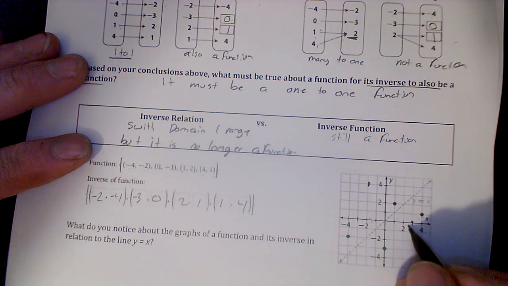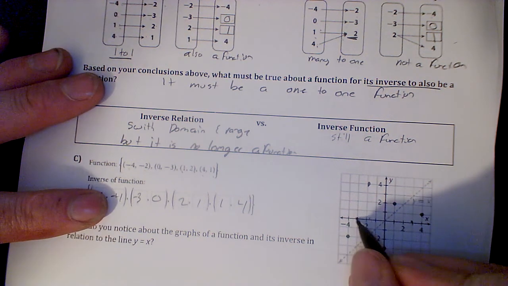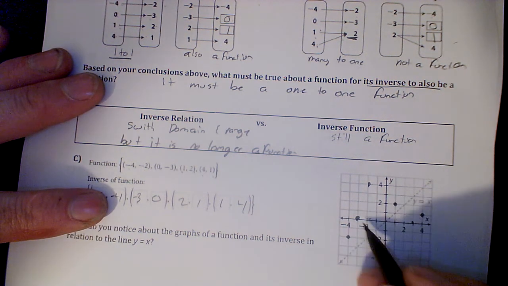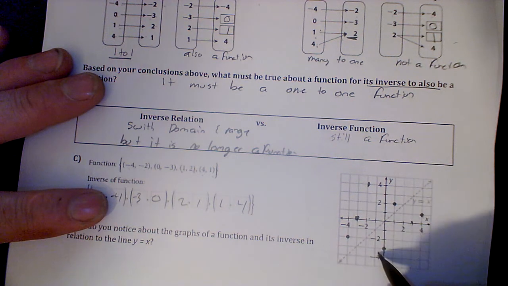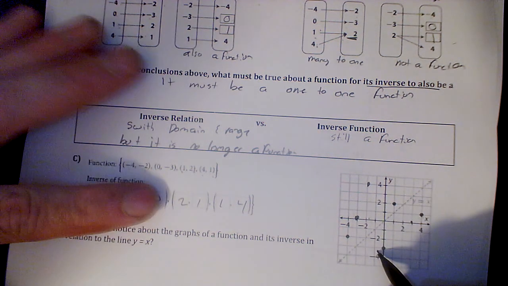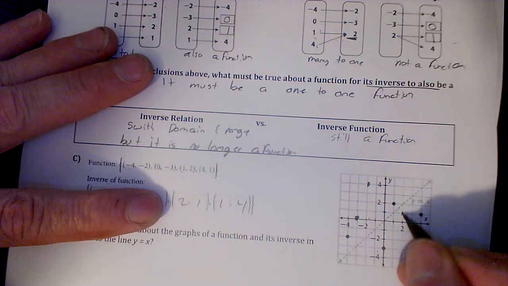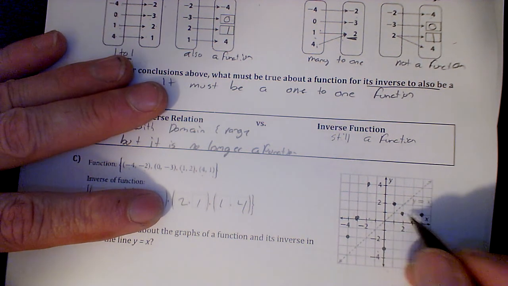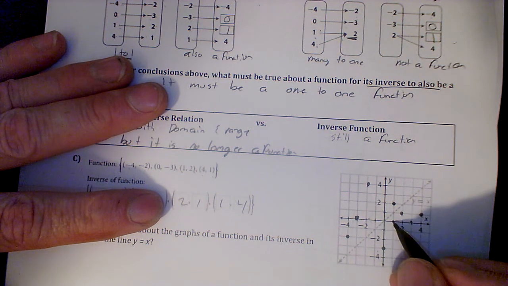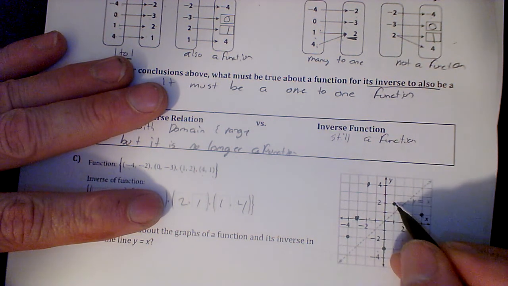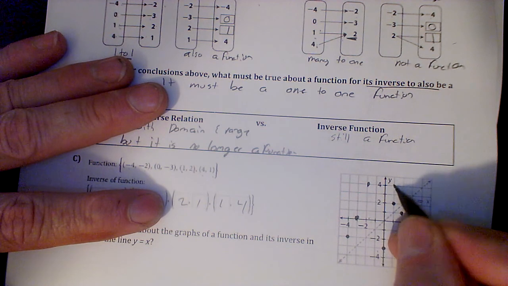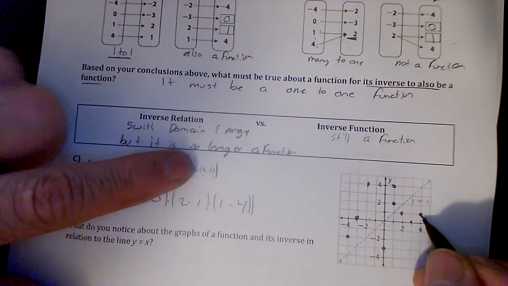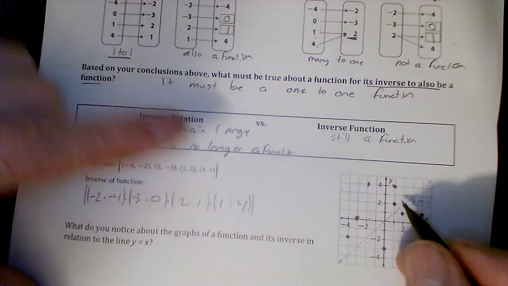And notice, there's the original over there. 2, 1 is right here. So 1, 2 jumped over this line to 2, 1. Let's do 1, 4. So here's 1, 2, 3, 4. Look, 4, 1 jumped over the line to 1, 4.